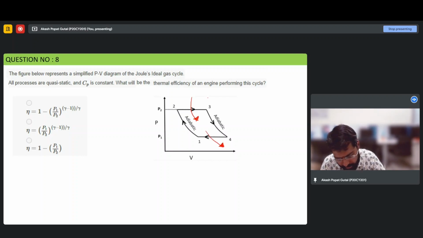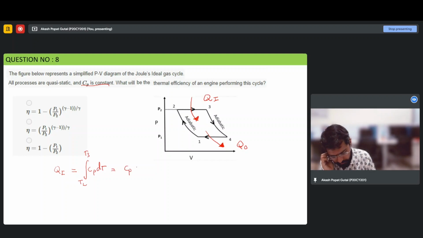So let's call them Q in and Q out. We know Cp is constant, and we can calculate the heat in, which is nothing but the integration of Cp dT from T2 to T3, which is Cp times (T3 minus T2).